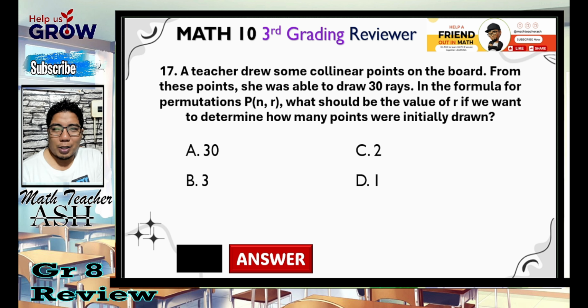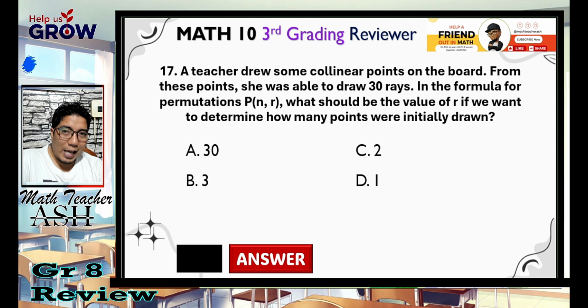Alright, my dear math learners, in order for us to solve this one, in order to make a ray, you need at least 2 points, because 1 point is for the endpoint and another point continues all throughout with the arrow. If that is the case, my dear math learners, your r will be 2.